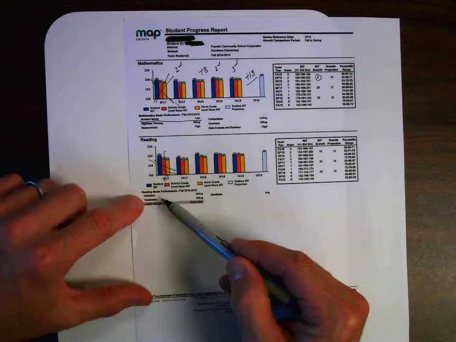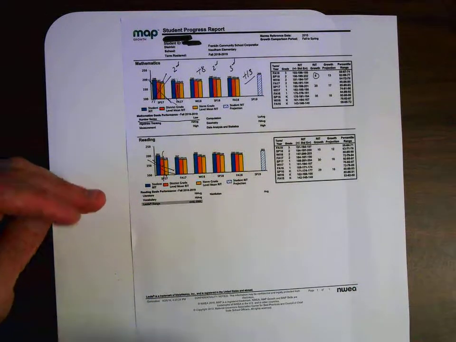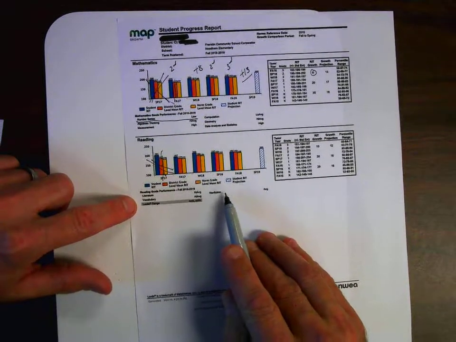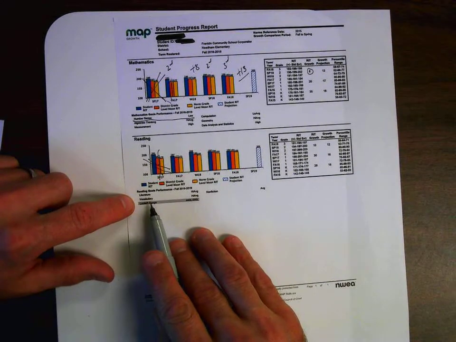In reading, we have literature, which is your typical text, your made-up stories, your fairy tales, etc., are literature. You have your nonfiction, which is your science-based factual text, and then vocabulary.